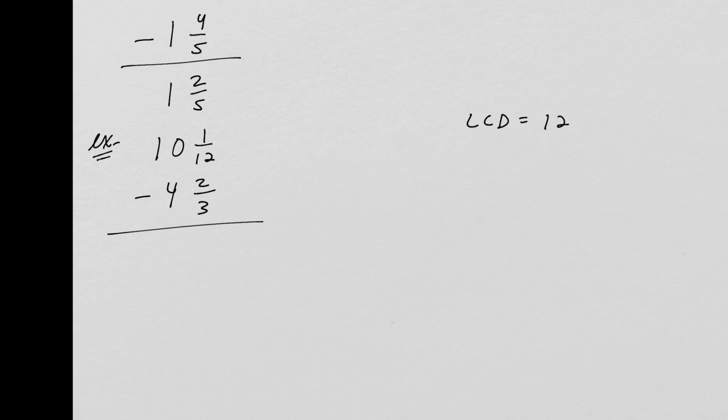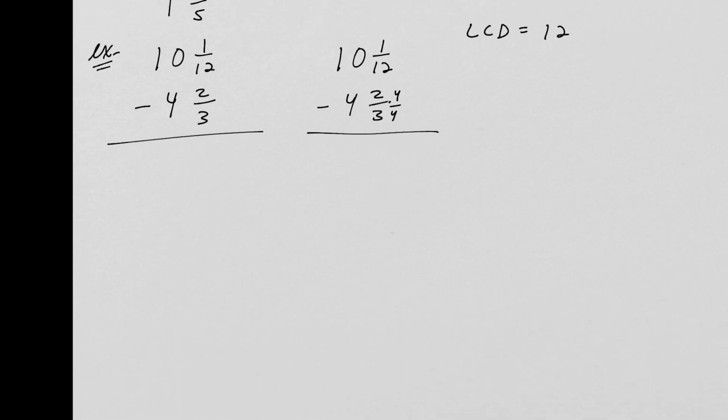So the first one's okay. I already have a 12 in my denominator. The second one I need to fix by multiplying by 4/4. So this is going to become 10 1/12 minus 4, and then 2/3 times 4/4 is 8/12.